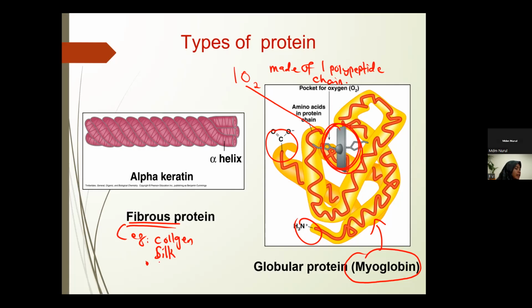Collagen, silk and keratin. Nampak tak bentuk keratin tu? Berapa polypeptide keratin ni? 3 juga. 1, 2, 3. And it is coil. Keratin kat mana? Rambut, kuku. Okay, so that is keratin. Protein that involving in development of hair and also kuku. Okay.